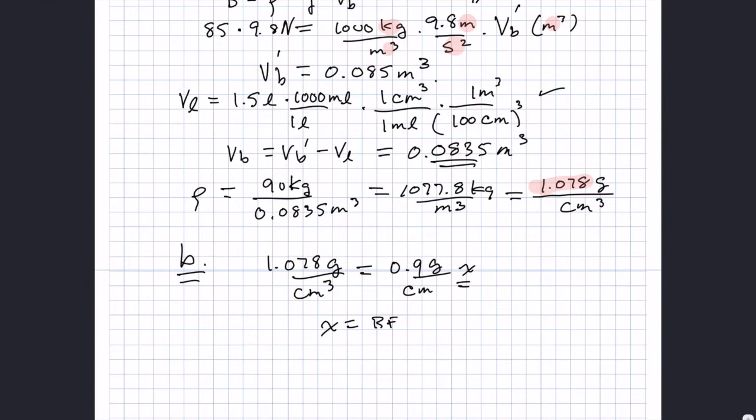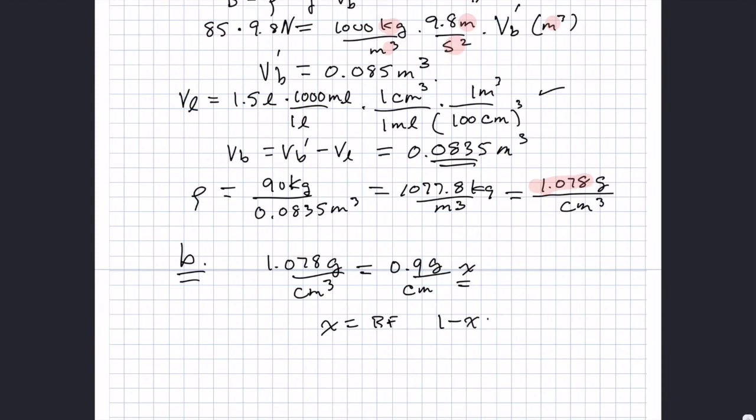Okay, what's left? Well, X is a ratio, so if you wanted the total, it would be 1 minus X is equal to the lean mass. Okay, so X is going to be a number between 0 and 1, indicating what portion of the body is body fat. Okay, so that's the case, and we knew that the lean mass density is 1.1. We would then multiply that by 1 minus X. Okay, and again, this would be in grams per cubic centimeter.